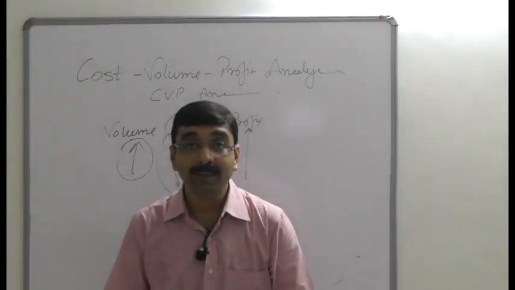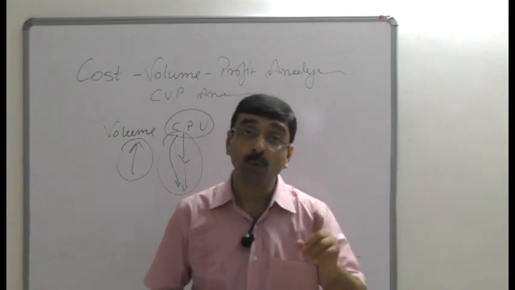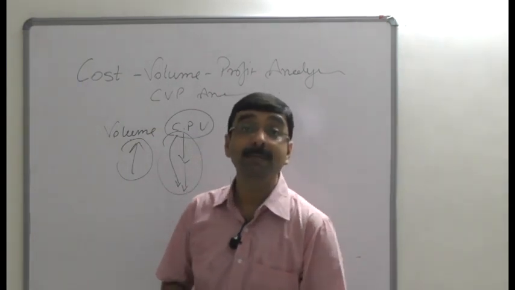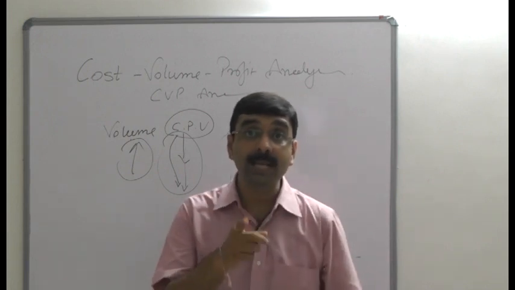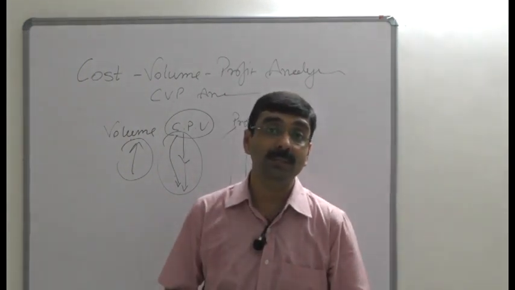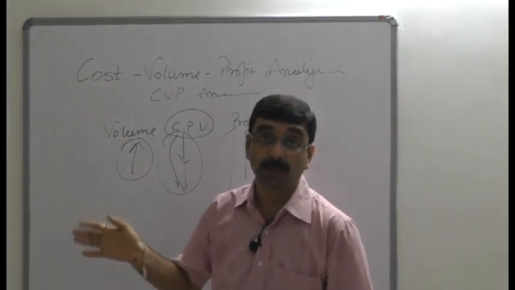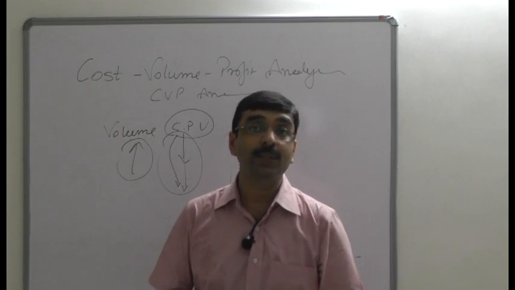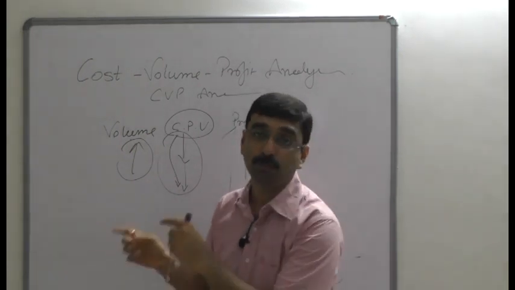Then the profits are calculated on the variable cost only. All variable costs per unit remain constant. These are the assumptions. There is a single product or a constant sales mix in case of multiple products also. Cost can be accurately divided into fixed and variable components.